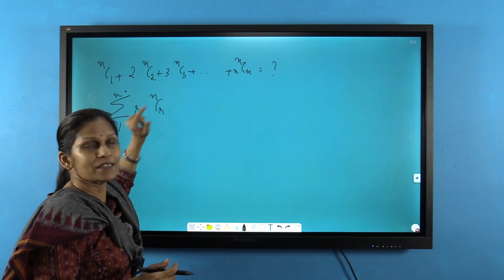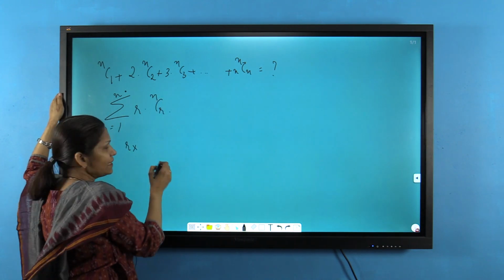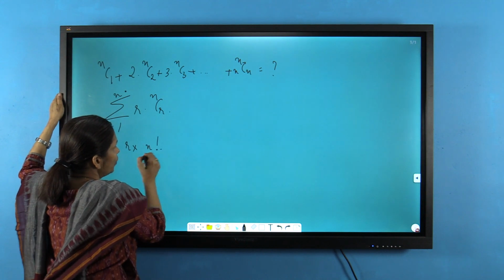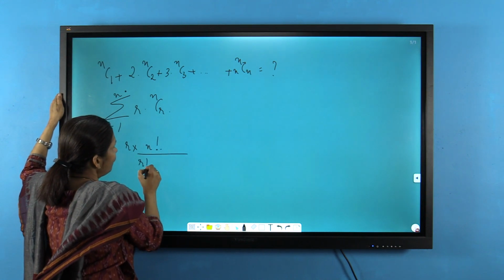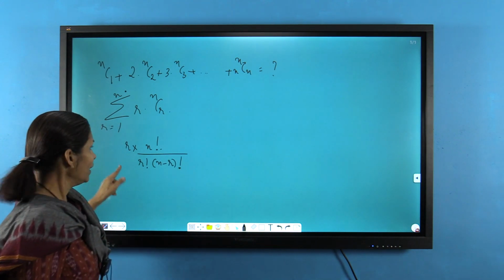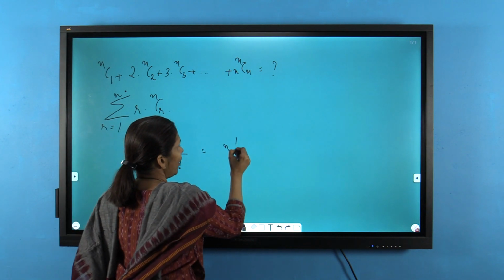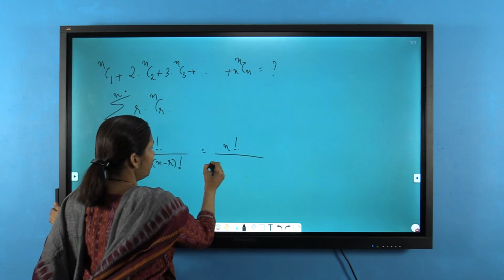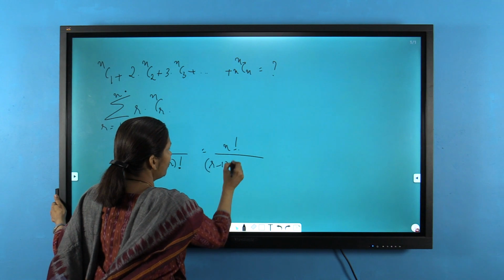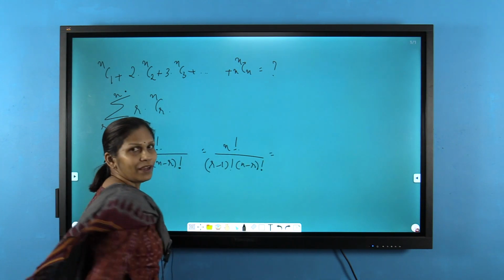Let me evaluate this. Okay, this is r into nCr, what is nCr? n factorial divided by r factorial into n minus r factorial. So, the r's are going to cancel. So, you have n factorial divided by r minus 1 factorial into n minus r factorial.